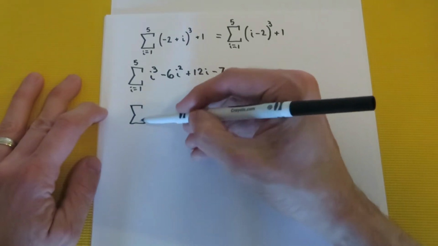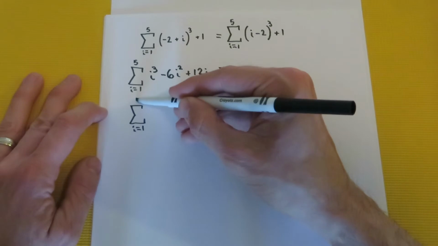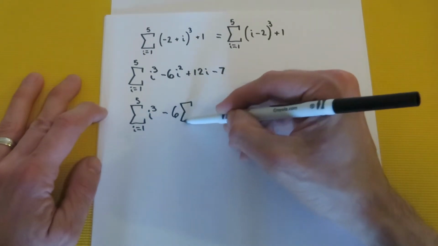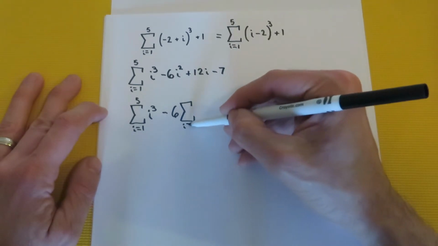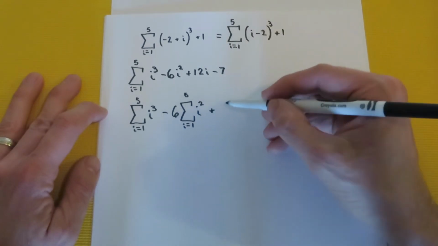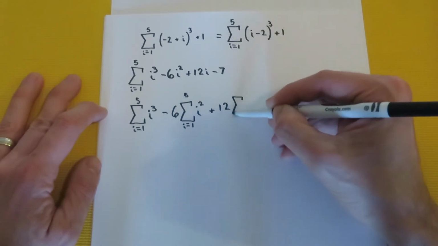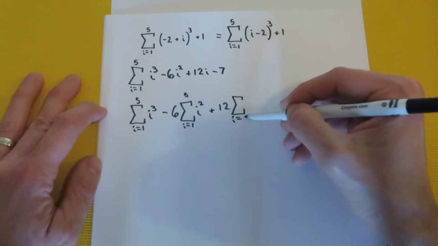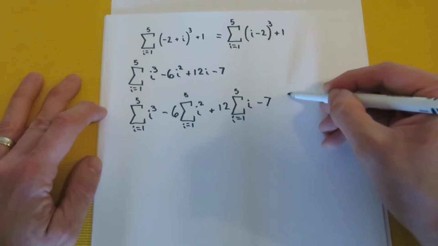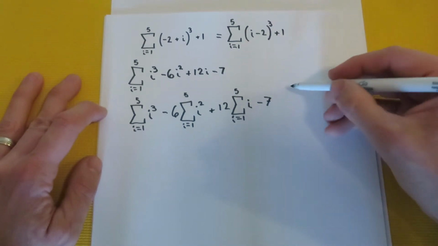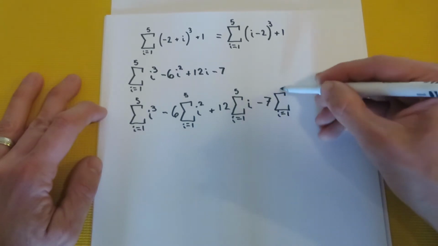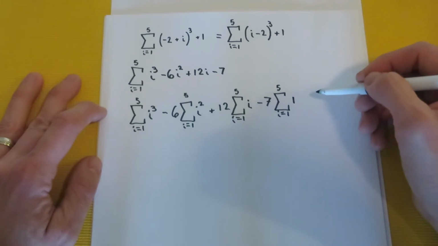We have the sum from i equals 1 to 5 of i^3 minus, pull out the 6, the sum from i equals 1 to 5 of i^2 plus, pull out the 12, the sum from i equals 1 to 5 of i, minus 7, that's a 7 there, times the sum from i equals 1 to 5 of 1.